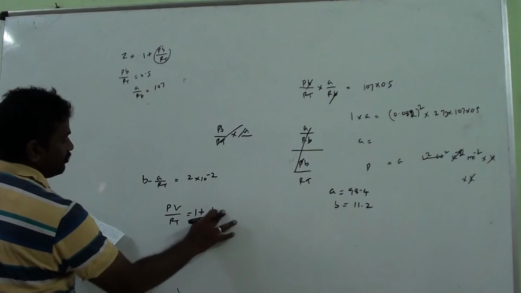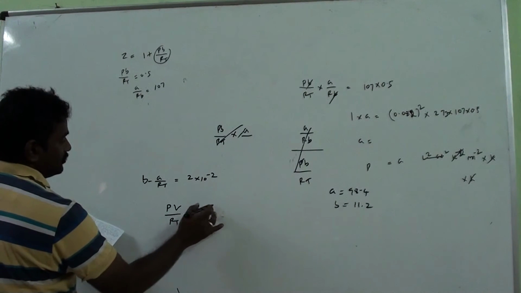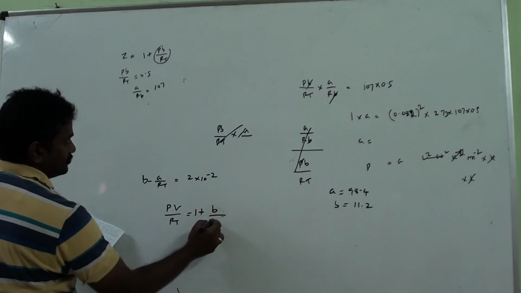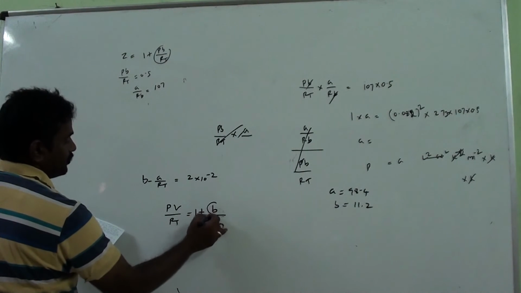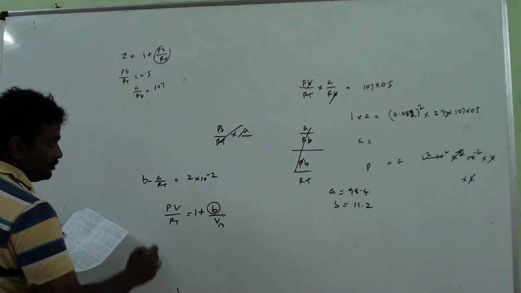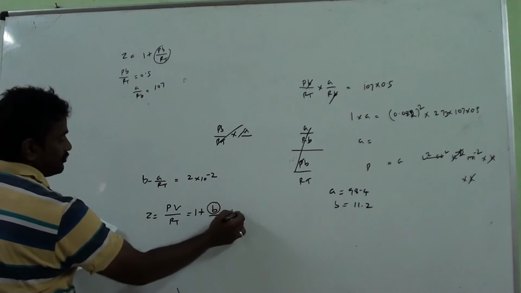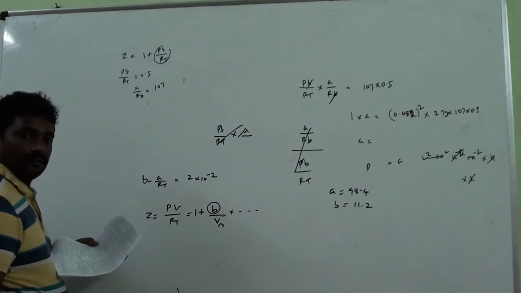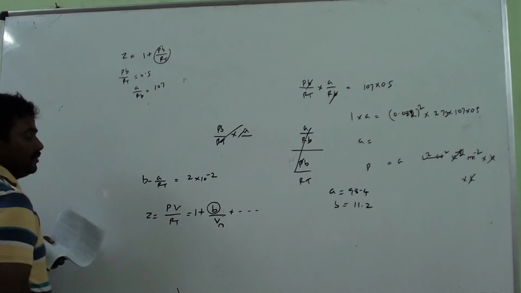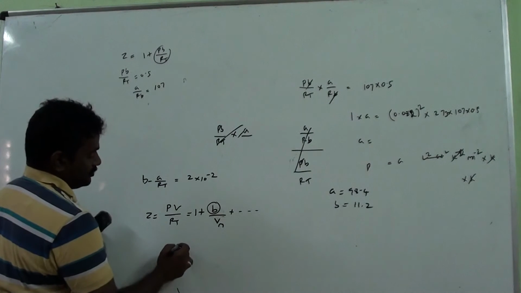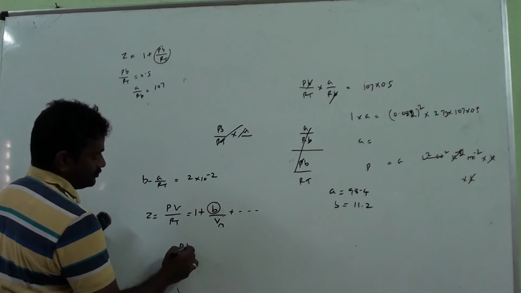That is the second virial coefficient. Plus B square something. The second virial coefficient. So PV by RT.